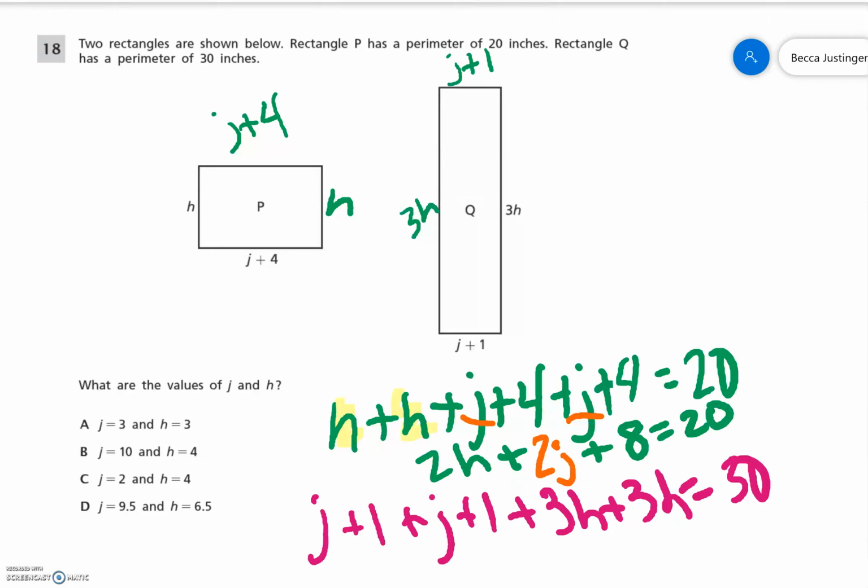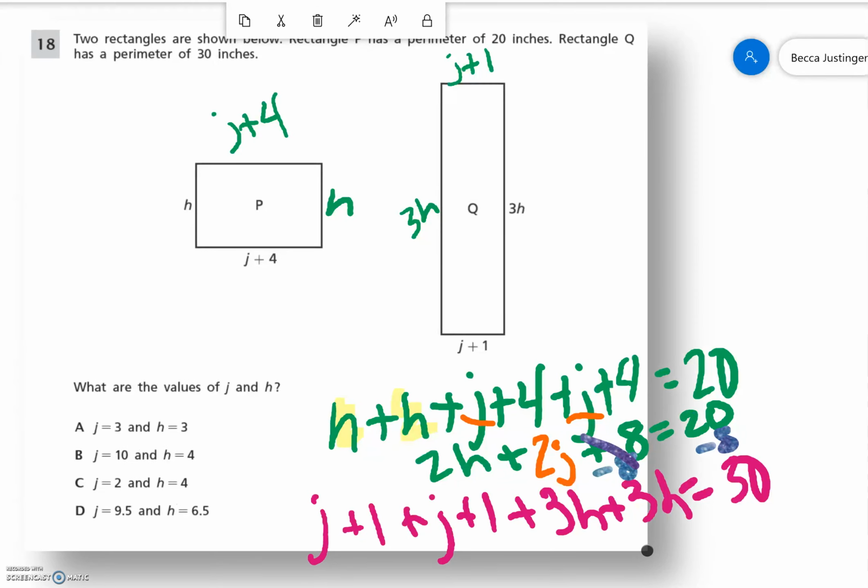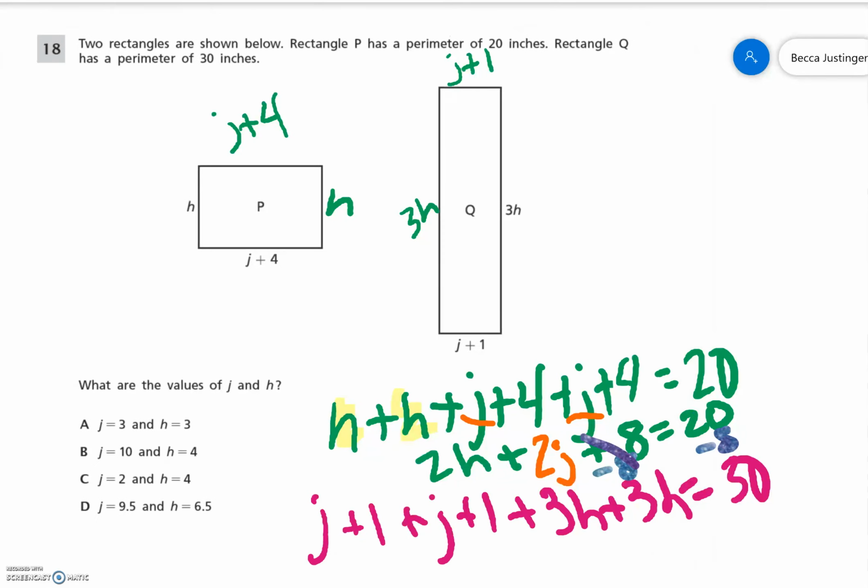So if I subtract 8 from both sides, this cancels. Well, this one doesn't cancel. And we get 2H plus 2J equals 12.